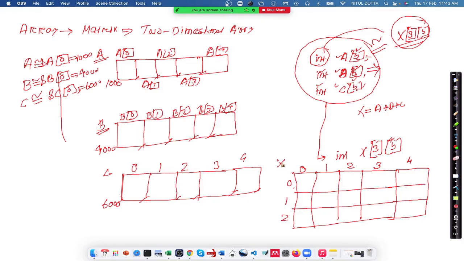Now the common name is X, and this one is also known as X0. This one is known as X1. This one is known as X2.